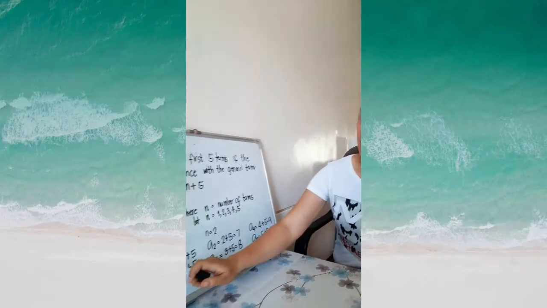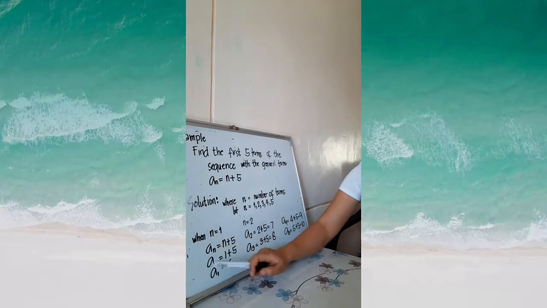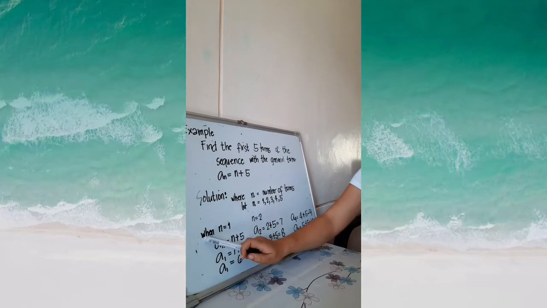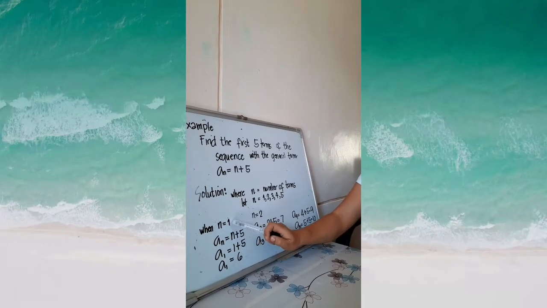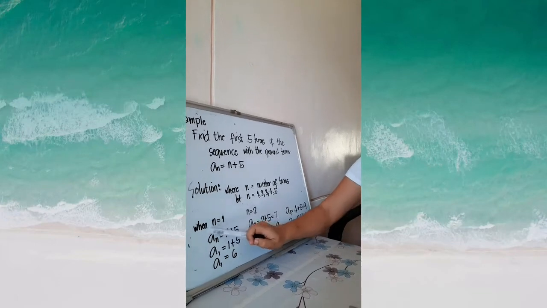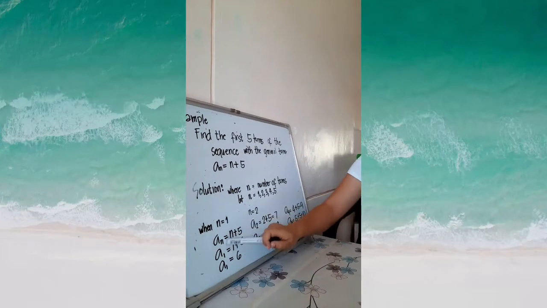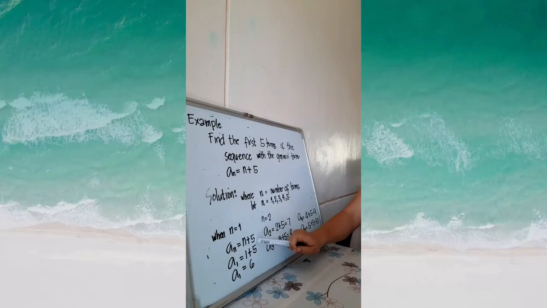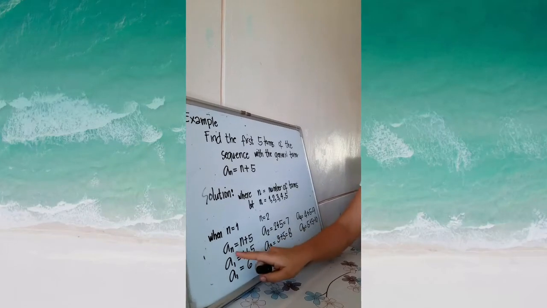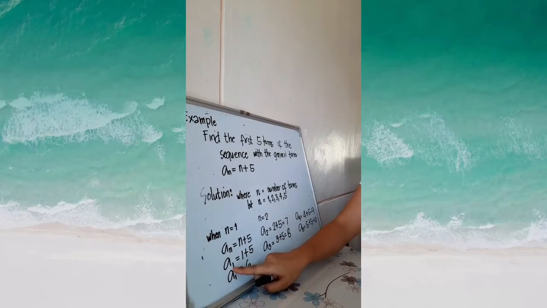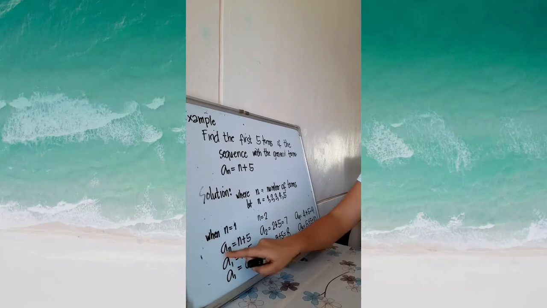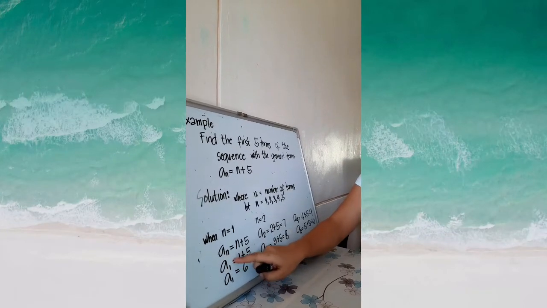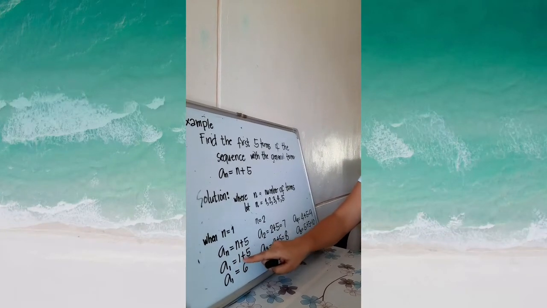So how are we going to solve for the first term? We just substitute our n by 1. Our general rule is a sub n equals n plus 5. So a sub n will become a sub 1 equals 1 plus 5.